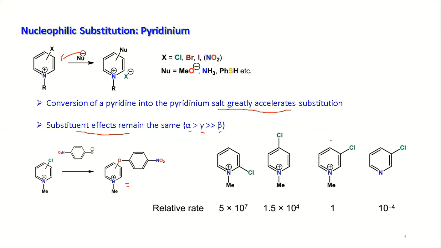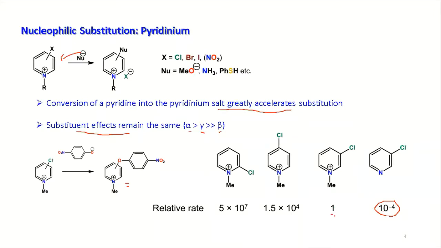What we find in this case is the beta chloro without the pyridinium, the neutral one, you have already seen that 10 to the power minus 4 in the previous cases. So if you keep this as 10 to the power minus 4, if it is pyridinium, now it is 10 to the power 4 times higher.